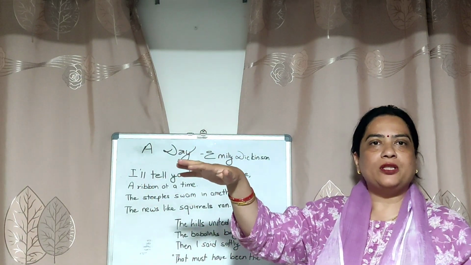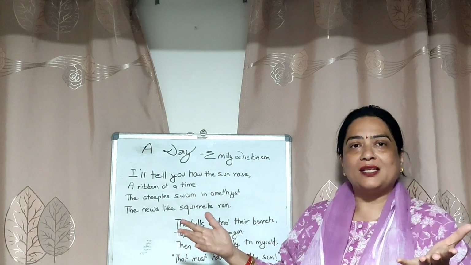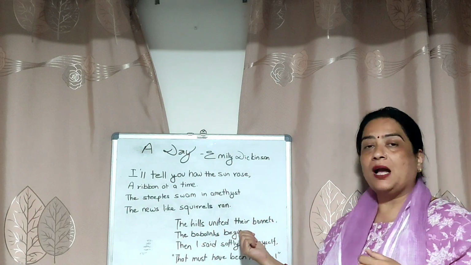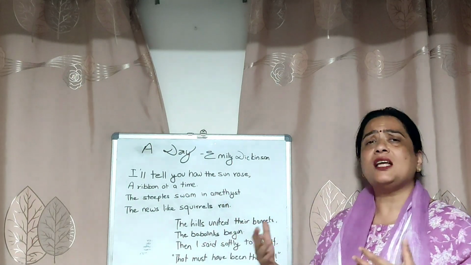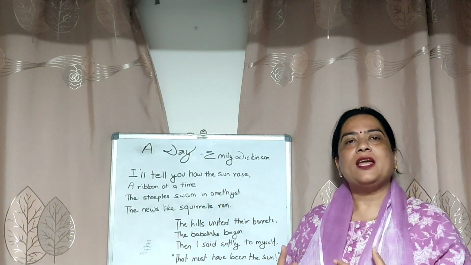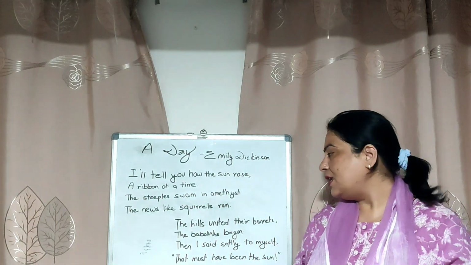When light falls upon the hill, slowly the hill presents a very picturesque view. The bobolink begun. A bobolink is a type of American bird which starts singing a melodious song. With the sunrise, every activity comes in motion and nature becomes very lively.